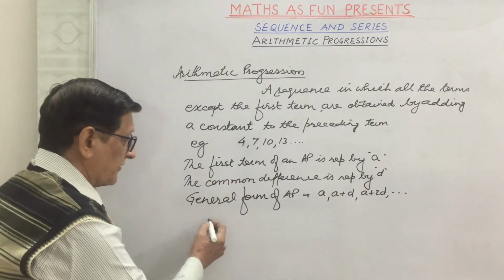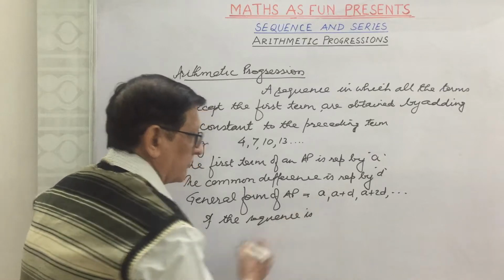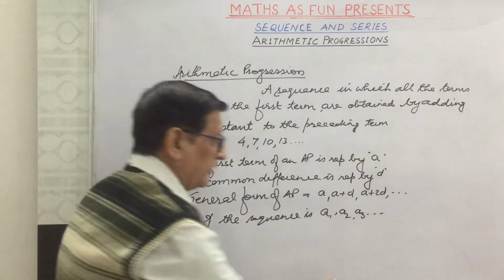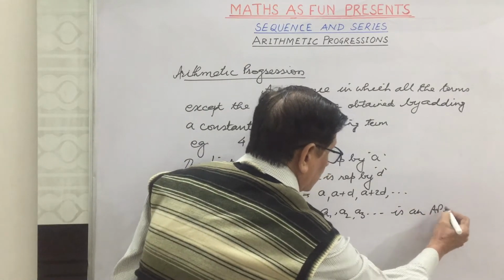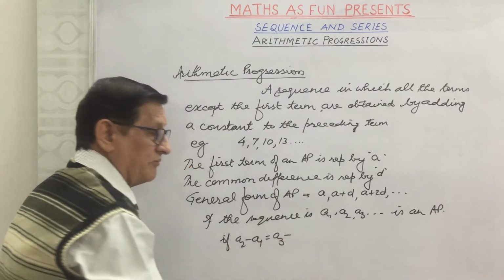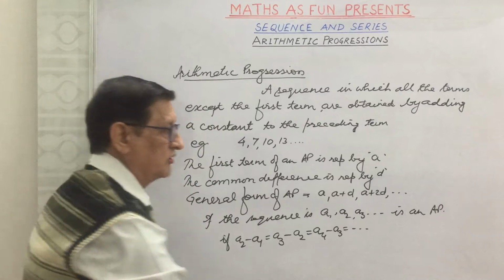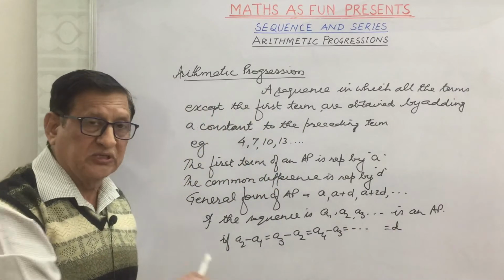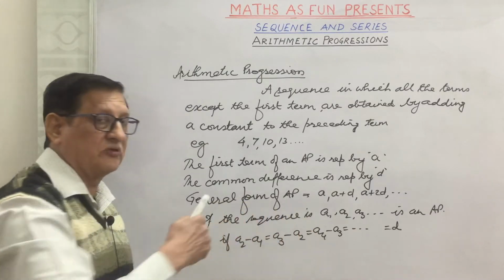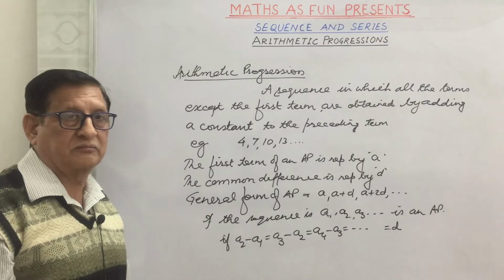We can also say, if there is a sequence a1, a2, a3 and so on, it is an AP, that is arithmetic progression, if we find a2 minus a1 is the same as a3 minus a2 is the same as a4 minus a3 and so on, which is d. It means to check whether any sequence is an AP or not, we will find the difference between the consecutive terms, and if it is the same, we can say it is an AP.